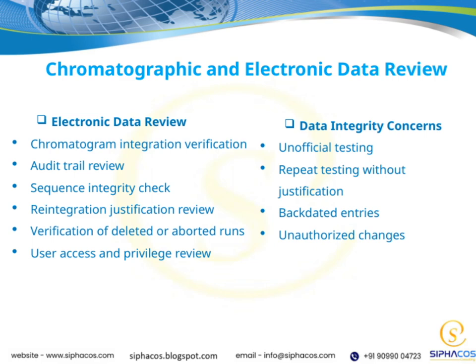Sequence integrity checks help confirm that the analytical sequences have not been tampered with or altered improperly. Reintegration justification review is essential when reprocessing data, making sure that any reintegration is properly justified and documented. We also need to verify deleted or aborted runs to prevent any missing or manipulated data from going unnoticed.